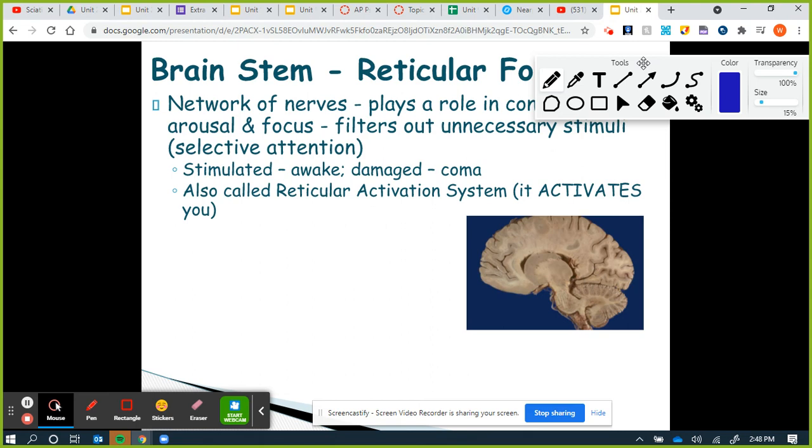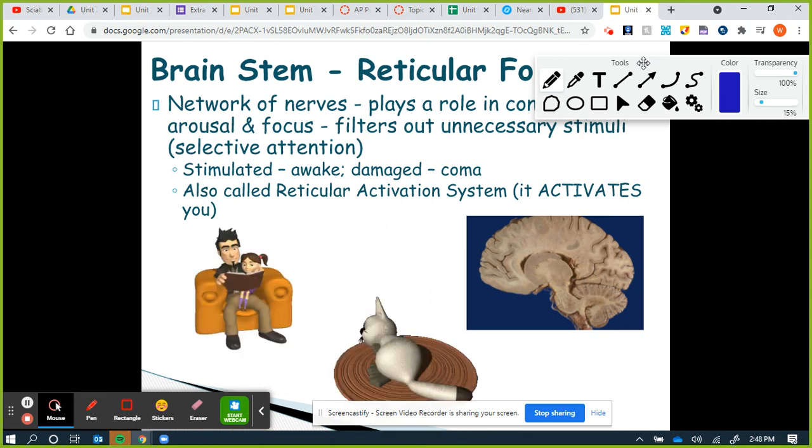If it is damaged, you might not die, but you will go into a coma because it just doesn't wake you up. You can't wake up. And remember, reticular activating system.